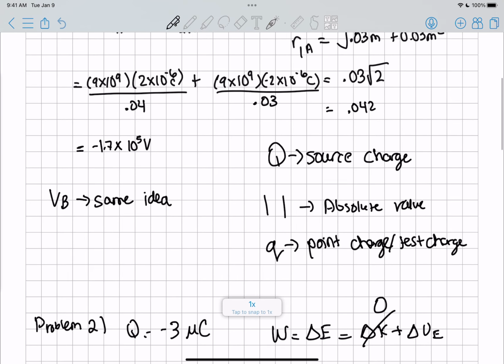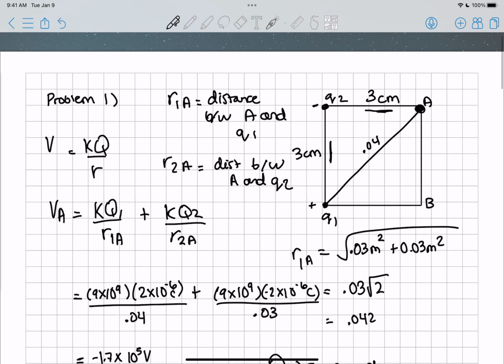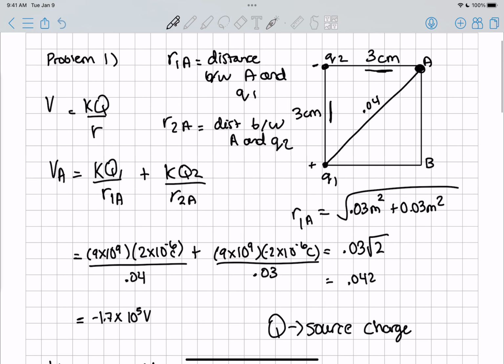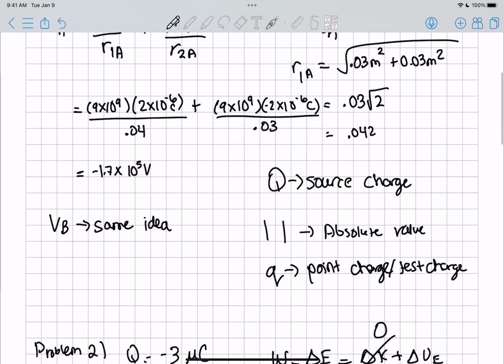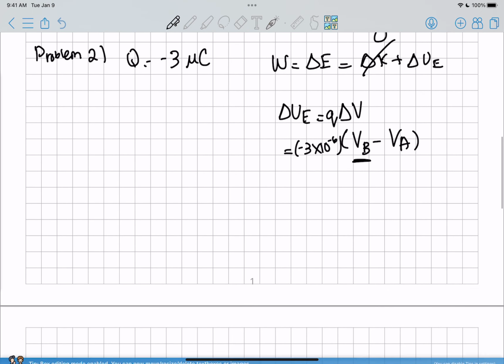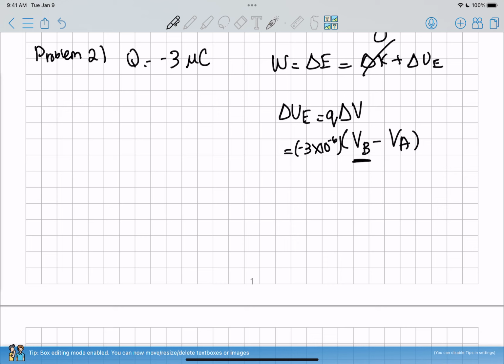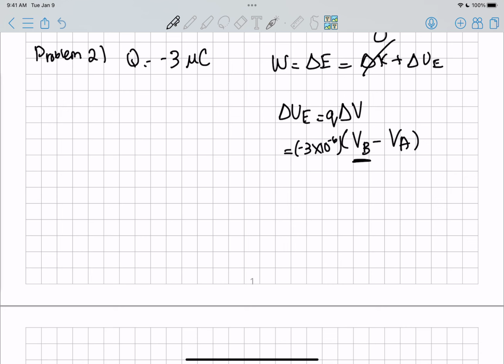You would essentially just take your answer from VB in part A, or problem 1, subtract VA from it, that you also got from problem 1, and then you should be able to get that delta V, and then from that, you multiply it by the test charge, and you should be able to get your work done, right? And that'll be equal to the change in the electrical potential energy at that point.